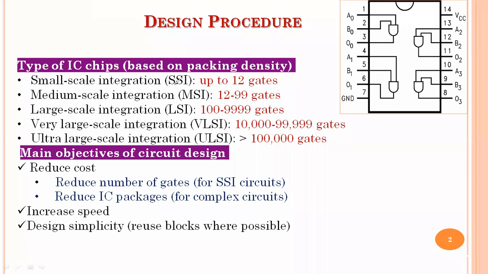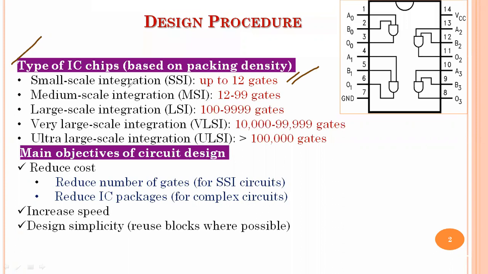These combinational circuits are designed by using IC chips. These IC chips use a packet density, and that density will be decided according to the number of gates used in the chips.